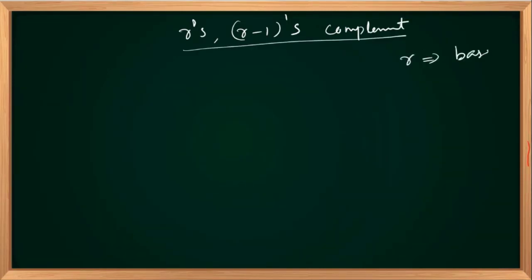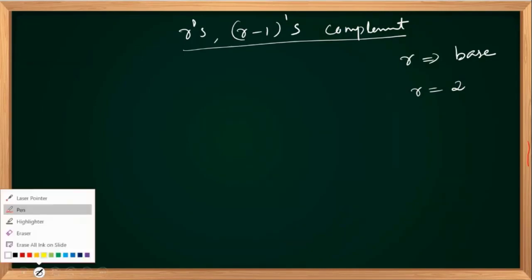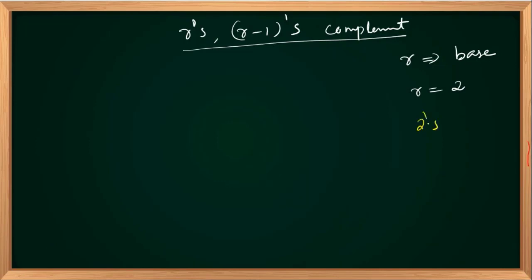For the lowest base, R equal to 2, the smallest base, for the binary system we'll have 2's complement, that is R's complement, and R minus 1's complement will be 2 minus 1's complement. 2 minus 1 is 1, so 1's complement. It is easy to take the complement of a given number. It's nothing but a digit-wise subtraction.